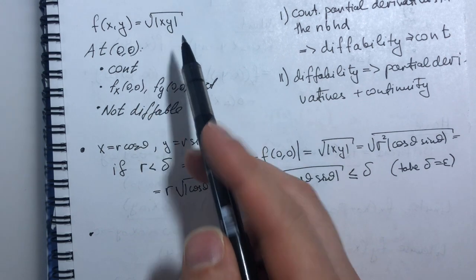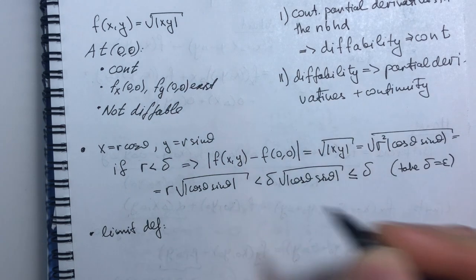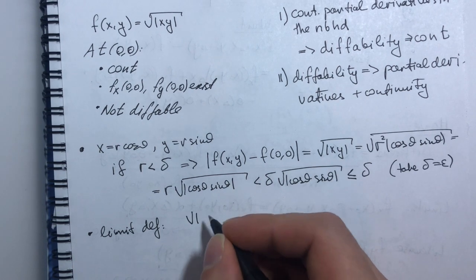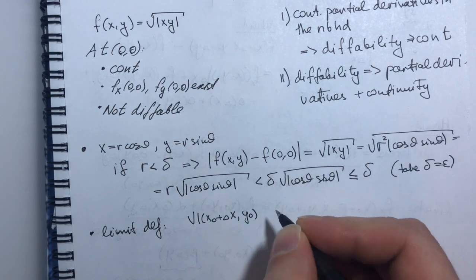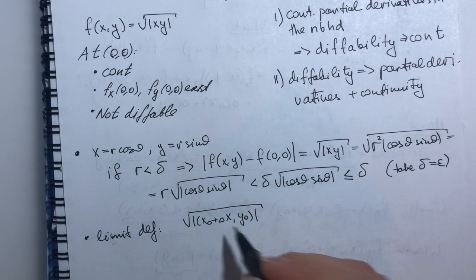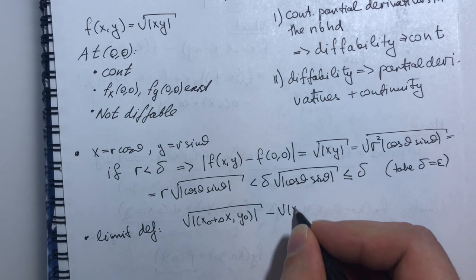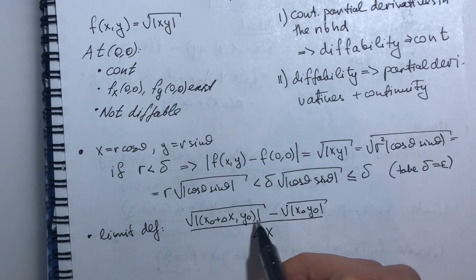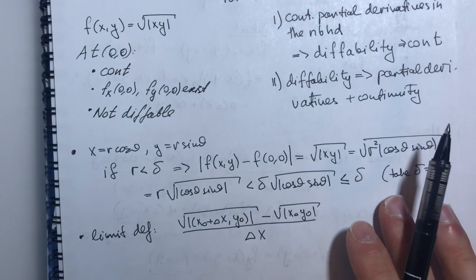So we have to use the limit definition of a partial derivative, and we basically get the function value at x naught plus delta x, y naught, minus root x naught y naught, over delta x. But of course, x naught and y naught are 0, right? We're interested in the point (0, 0).